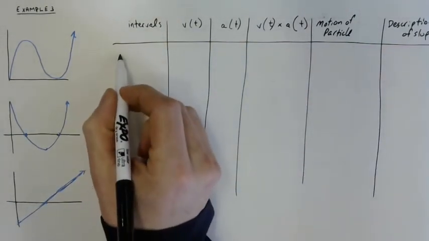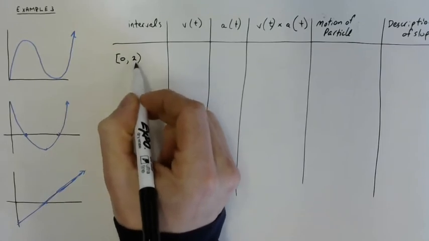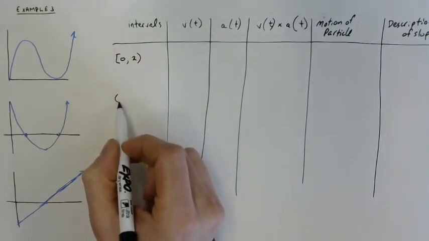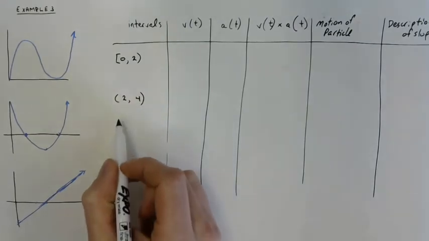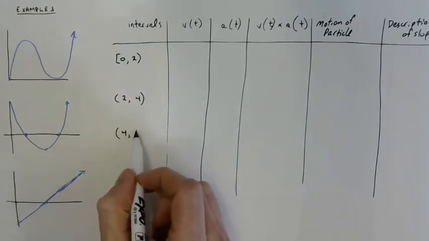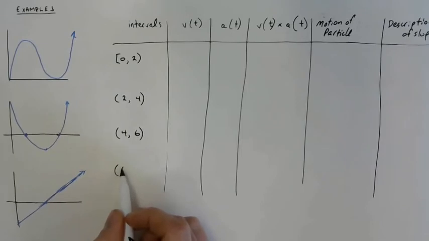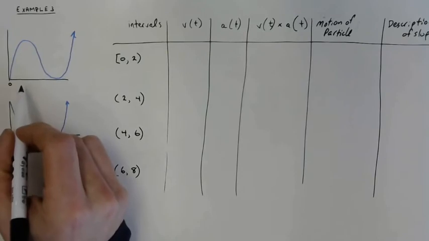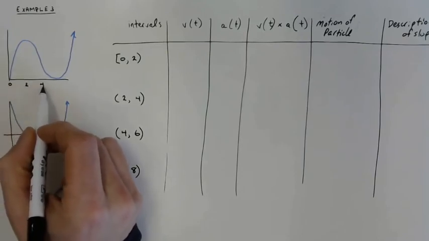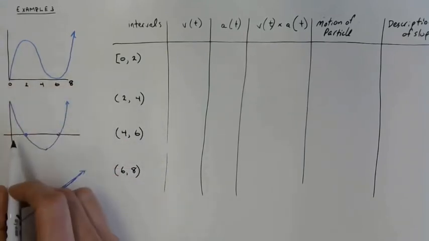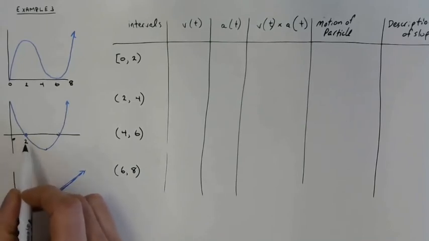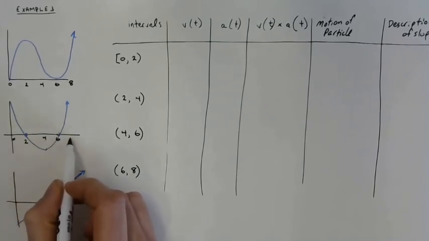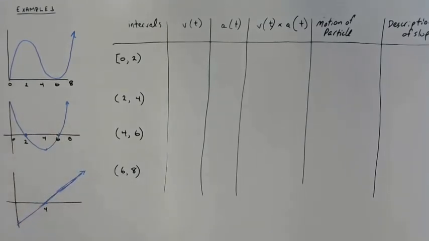Our intervals are from 0 to 2, from 2 to 4, from 4 to 6, and from 6 to 8. And this one crosses at 4.